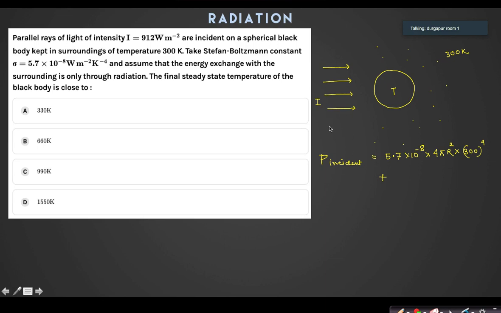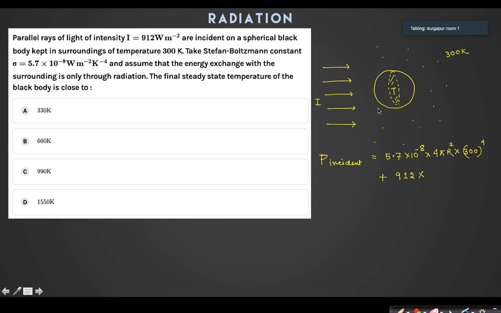And what is the power due to this intensity part? 912 watt per meter square is given. I have to only multiply it with the area. So which area will I multiply here? Projected area, pi r square. Yes, I will multiply the projected area because intensity is defined for perpendicular area only. It is not defined for any area.